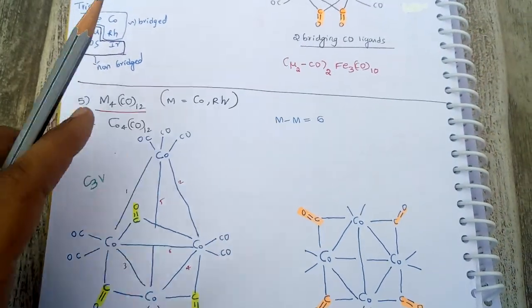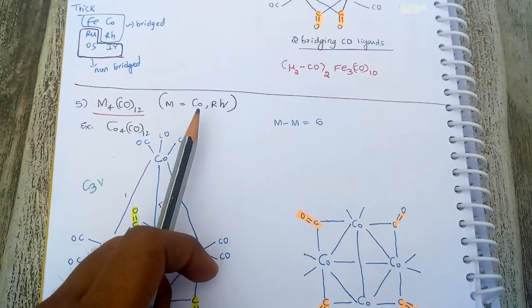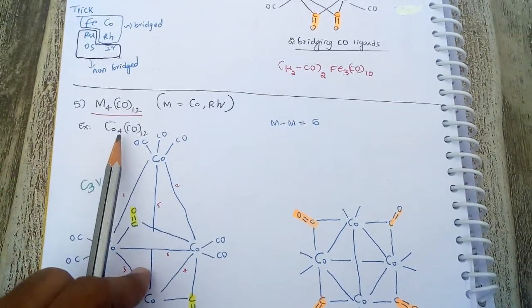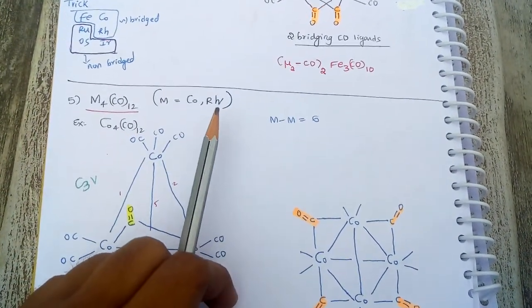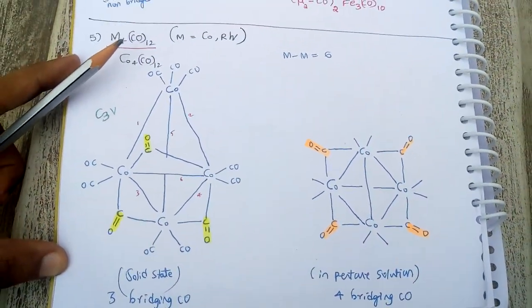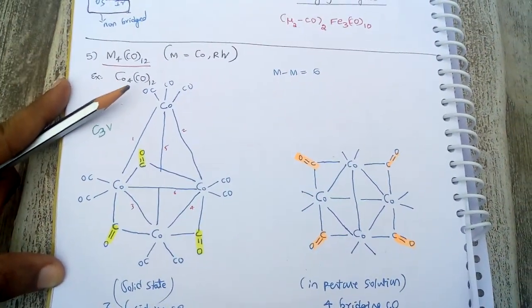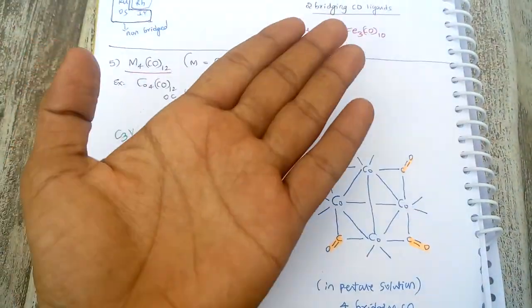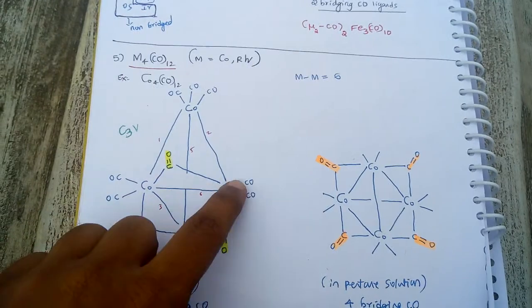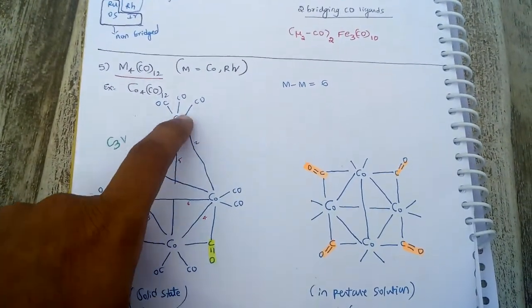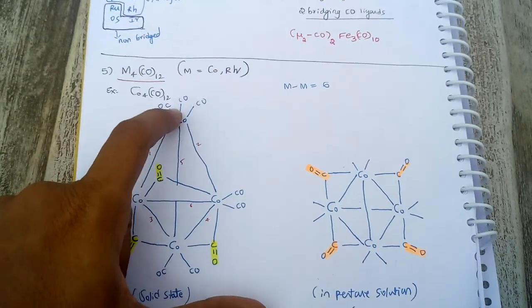And M4(CO)12 for the metals cobalt and rhodium: Co4(CO)12 and Rh4(CO)12 are both the same. Here the structure is like this. In a plane, 3 CO are present in equatorial position, and at one apical position a cobalt metal is present.